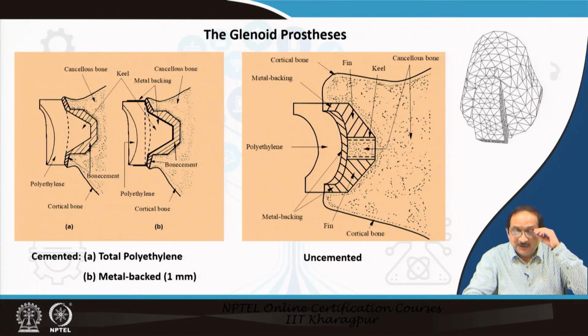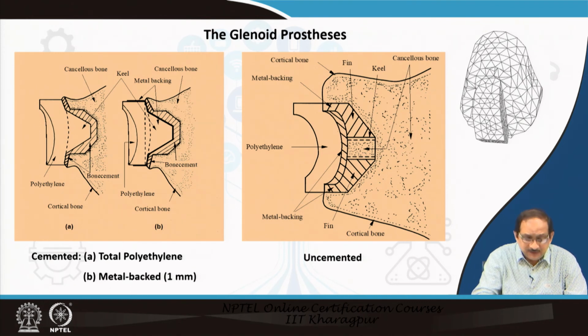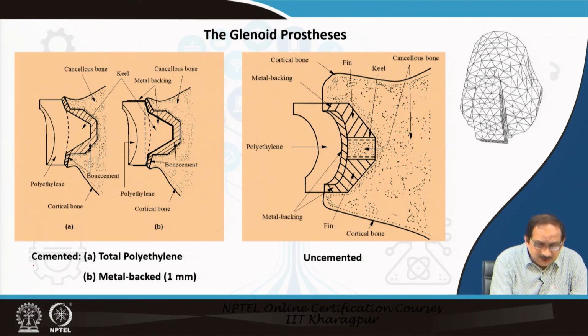Let us now discuss the glenoid prosthesis. In this slide we have presented 2 types of glenoid prosthesis. One is the cemented glenoid prosthesis.